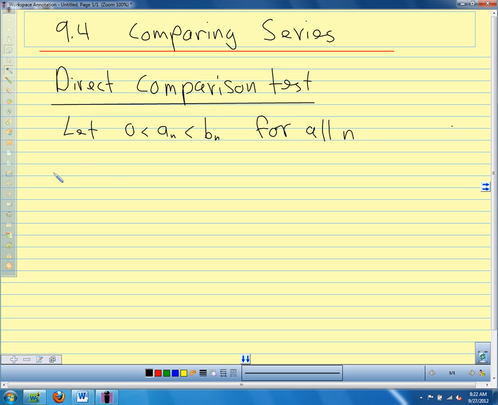We have two conditions for the direct comparison test. If the infinite series, n equals 1 to infinity of b sub n, converges, then the series for a sub n converges also.